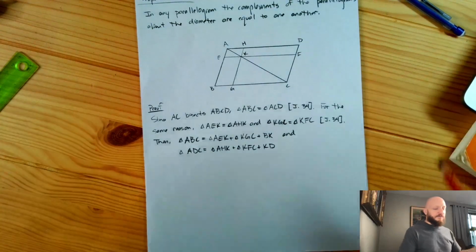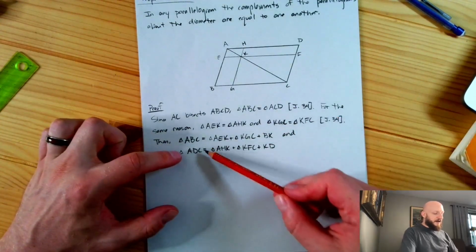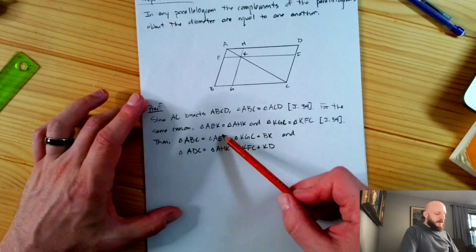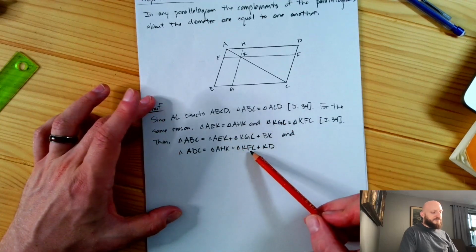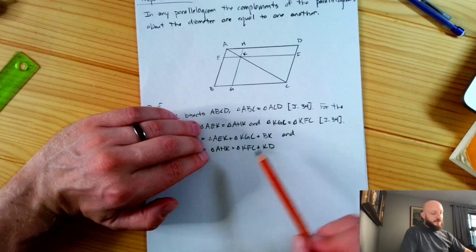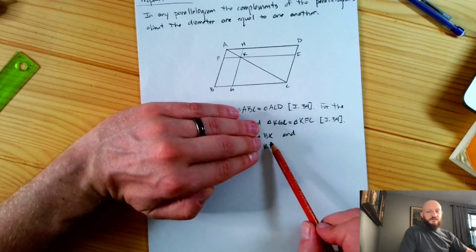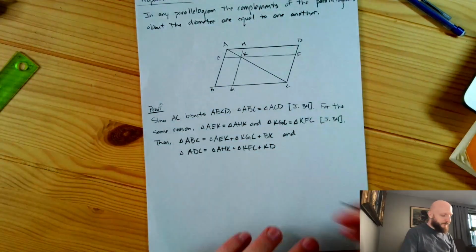So because of all of this chain of equalities, ABC is equal to ADC or ACD, I guess is how I wrote it earlier. AEK is equal to AHK, KGC is equal to KFC. So we could set these right-hand sides equal to each other and subtract off the first two terms of each to just leave us with BK equals KD.